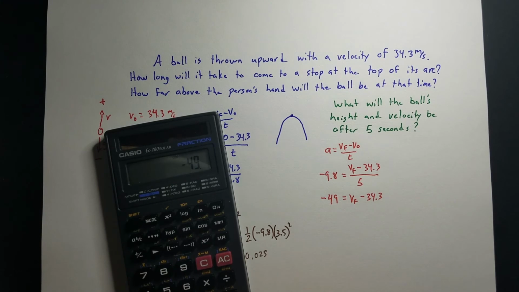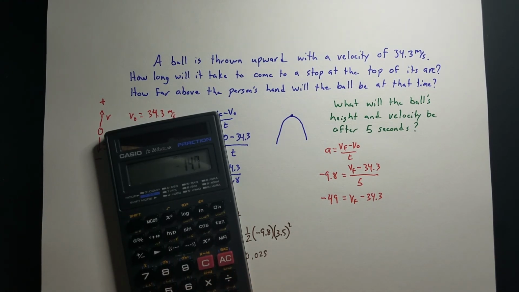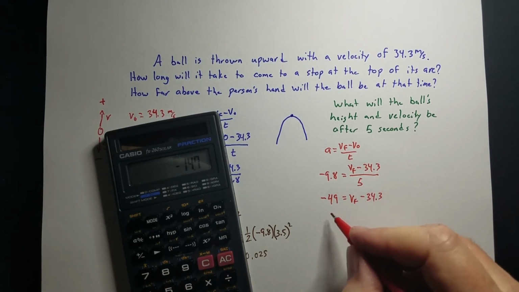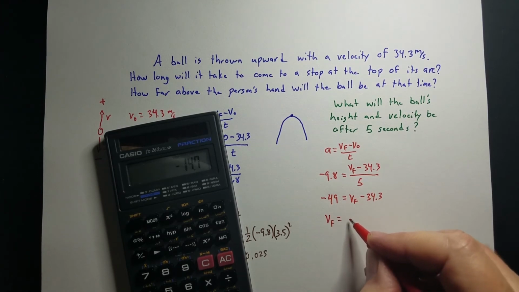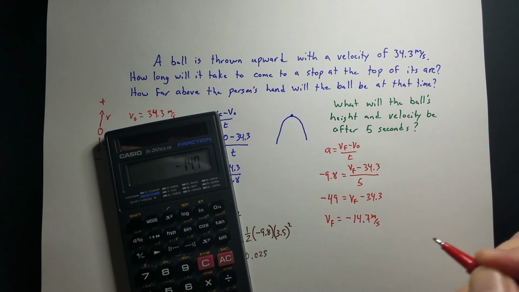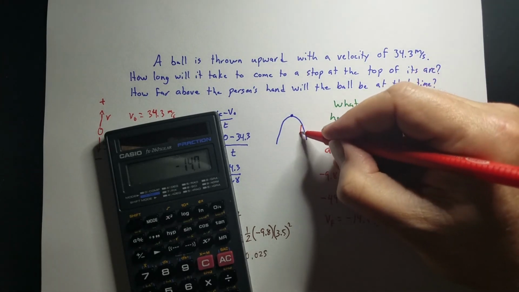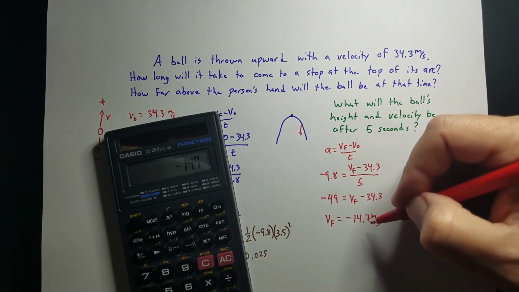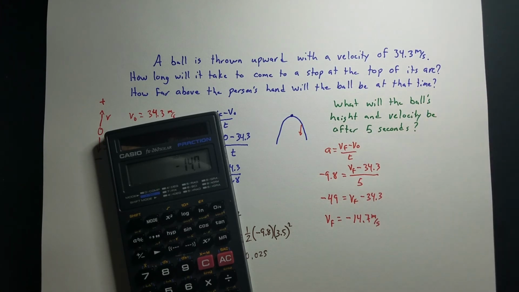Well, we're going to add 34.3 to both sides. And so we get a final velocity of negative 14.7 meters per second. And that's okay because that means we were coming back down, so the velocity should be negative. So far, so good.